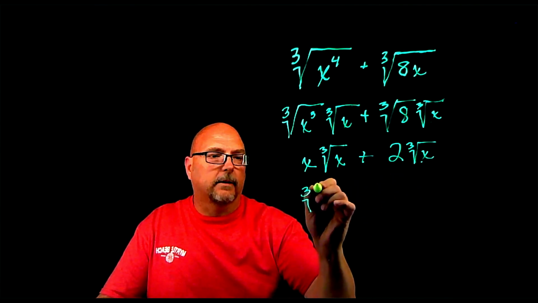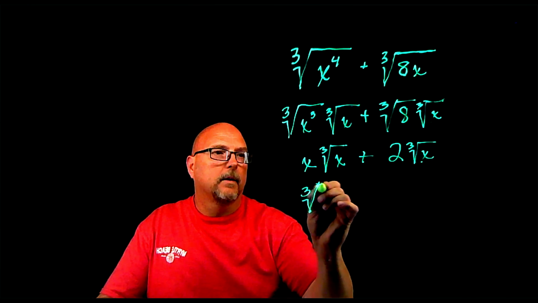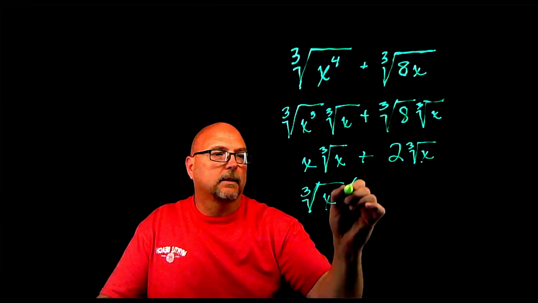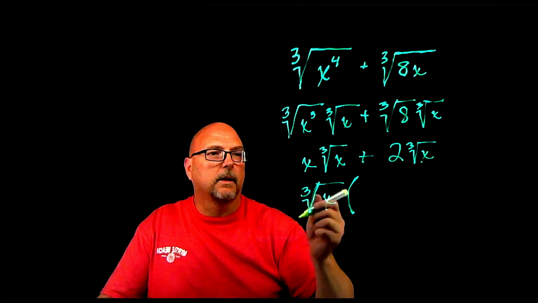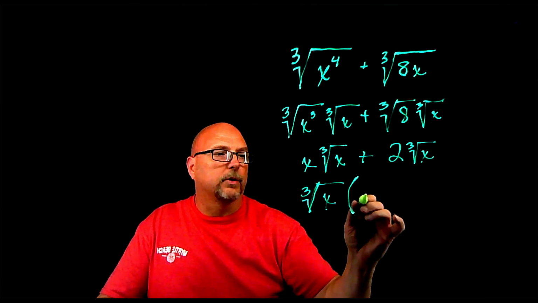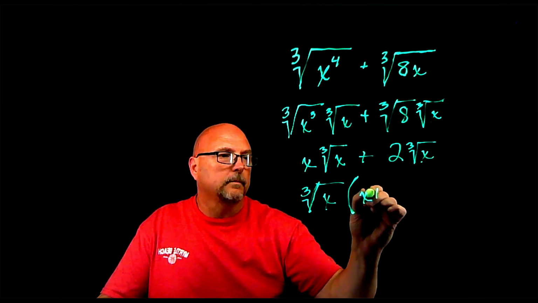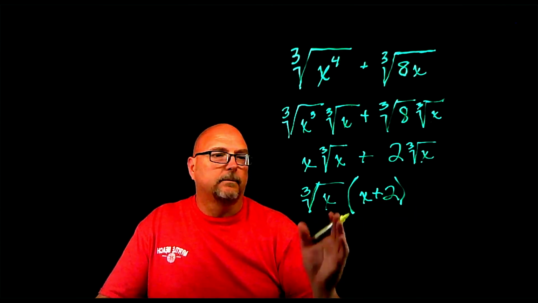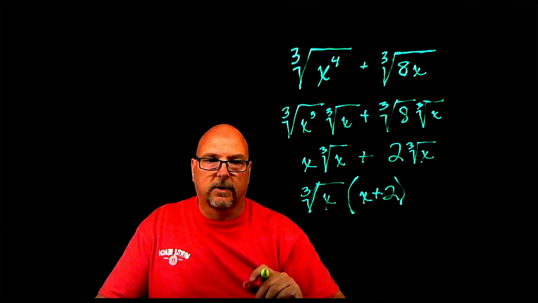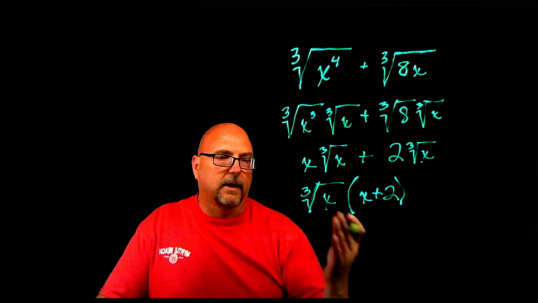So I'll factor out this way: cube root of x, and then I have times x plus 2. So, the cube root of x times x plus 2 would be the final answer.